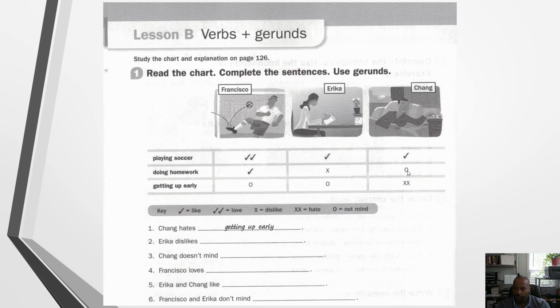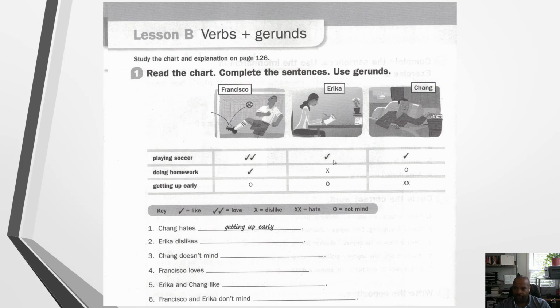Francisco loves, this would be loves, playing soccer.